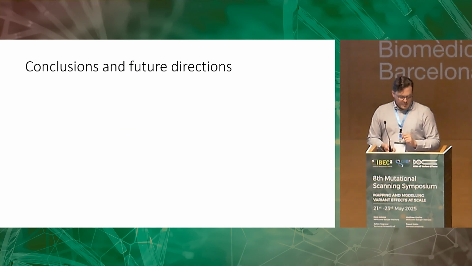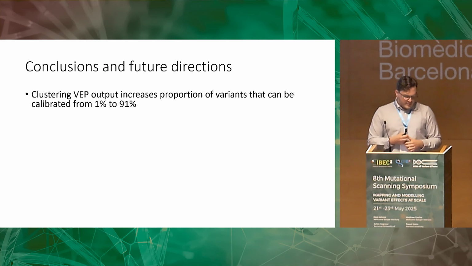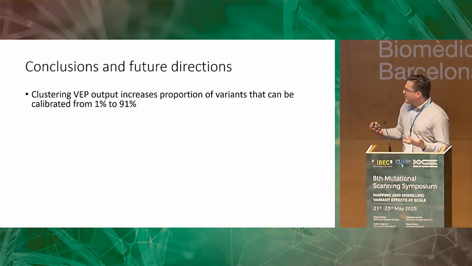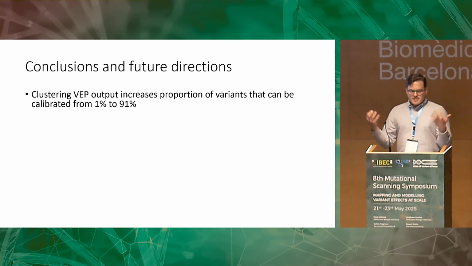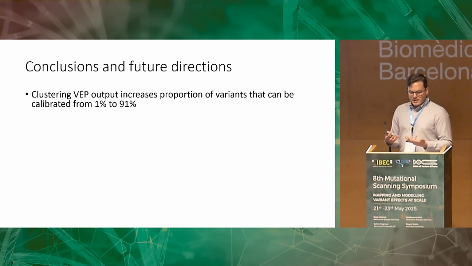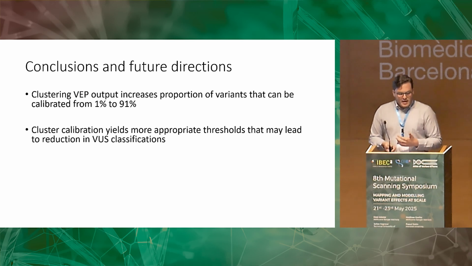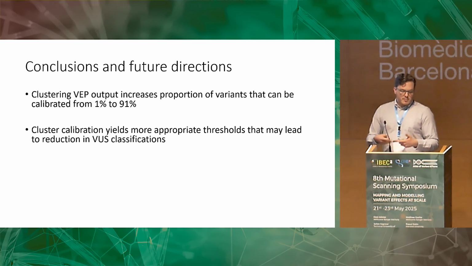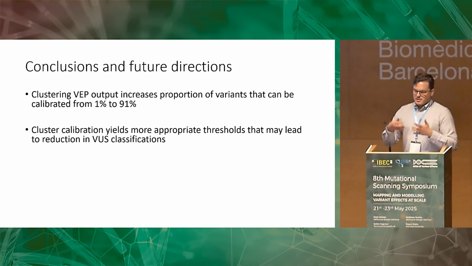And so just to close up, the piece of this project that I think we're the most excited about is that when we apply this clustering calibration, we now increase the number of variants which receive evidence at the domain level from 1% to now 91%. And in doing so, we're also accurately representing what the predictions mean for a particular gene by the representation of the distribution shapes.